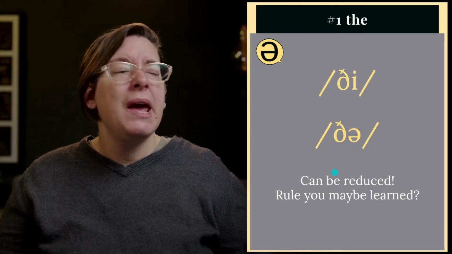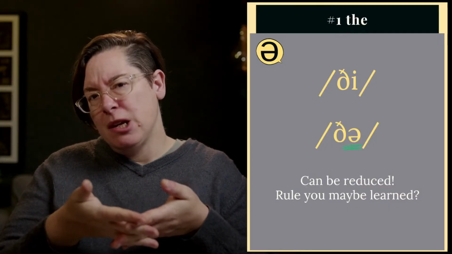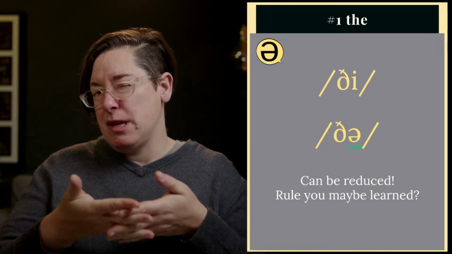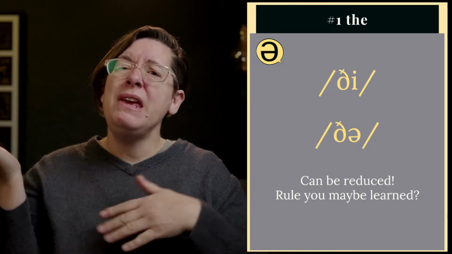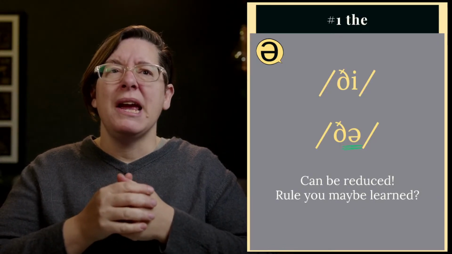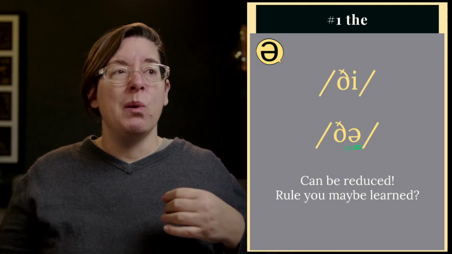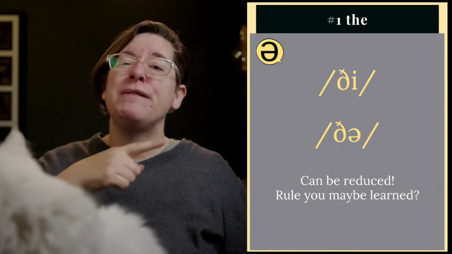That's the schwa sound. And maybe you're in school and you learned this rule. And I'm here to tell you that not a lot of people adhere to that rule all the time. So I know that's English, but we have the and we have the. And a lot of people in school learned that they can say the or they can say the, and they should say the when there's a vowel next.